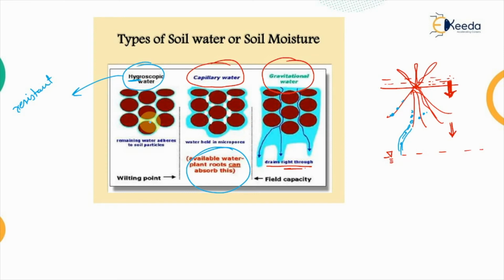The plants are not able to extract this amount of moisture from the ground. That's why this is below the wilting point. That is all the types of soil water or soil moisture present. So in totality, only the capillary water is useful for the growth of the plant.